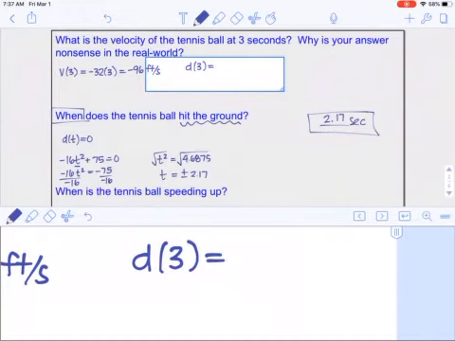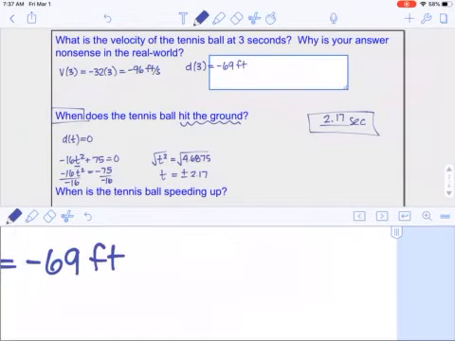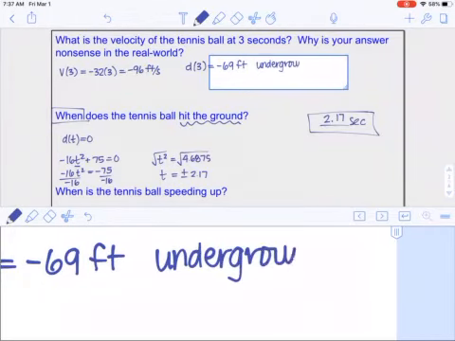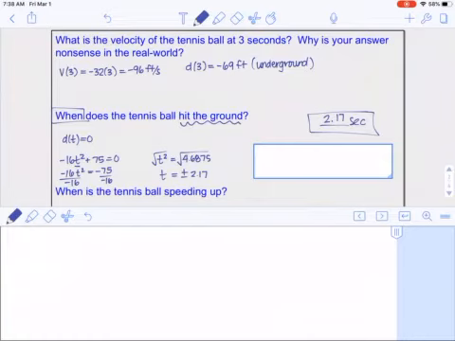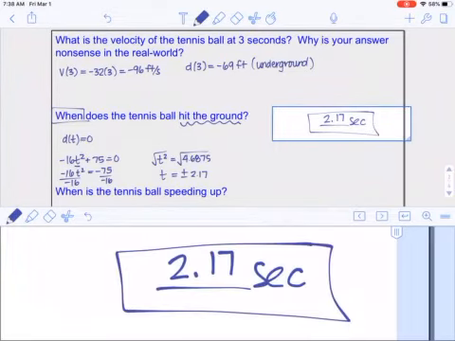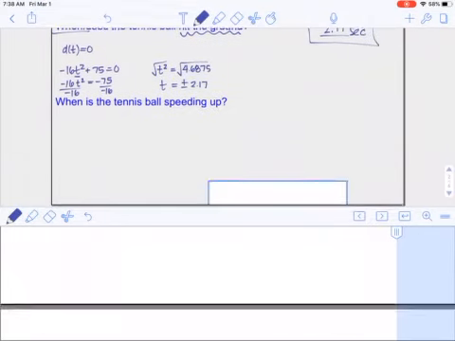If I plug 3 into my position equation, I get negative 69 feet, which would mean that it's underground. Unless it is falling into a big hole, which I didn't tell you, this doesn't make sense. So the tennis ball is in the air from 0 seconds to 2.17 seconds, and asking about a time after that doesn't make a lot of sense.